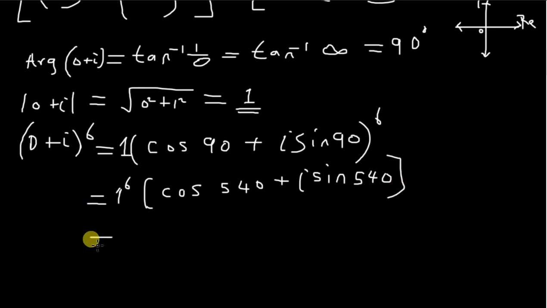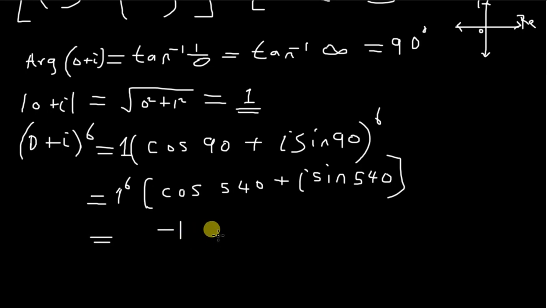So this will now be equal to, cos 540, you're saying we leave it in that form. When you use compound angle formulas, you discover that cos 540 is nothing but negative 1. Or if you don't want to use compound angle formulas, you can use the terminal angles.